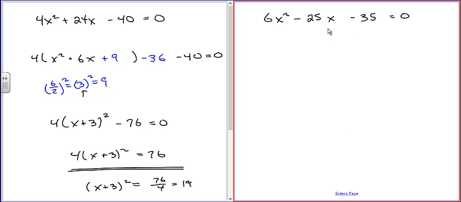Okay, so this one's going to be a little difficult because, for one thing, when we factor out the 6, it's not going to be a nice number. It's just going to be a fraction. So if you divide this by 6, you get 1. You divide that by 6, you get 25 sixths x. Leave a space. Put the constant over here like that.